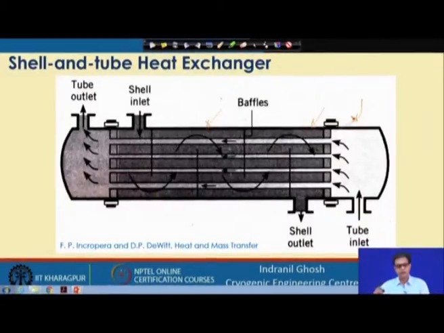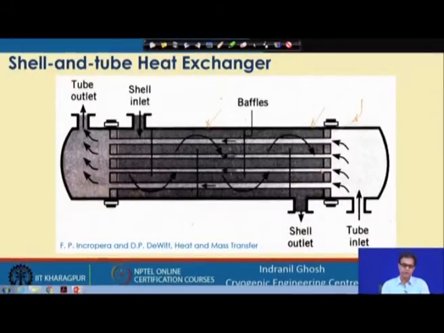If that difference is very large between the shell and the tube, that may result in some kind of expansion, or thermal stress may be generated, which if not designed properly may be disastrous.